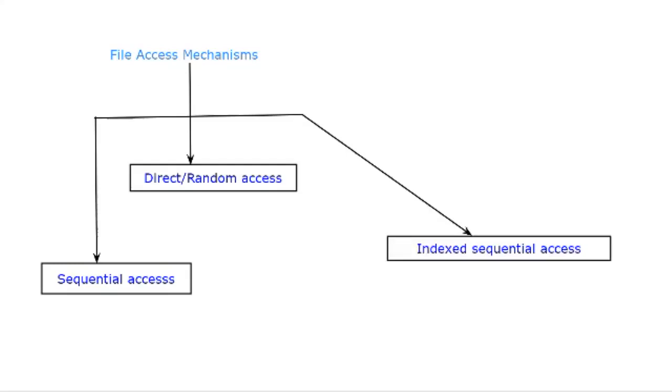So these are mainly three types of file access mechanism. Sequential access is that in which the records are accessed in some sequence. That is, the information in the file is processed in order, one record after another. This access method is the most primitive one. Example, compilers usually access files in this fashion.